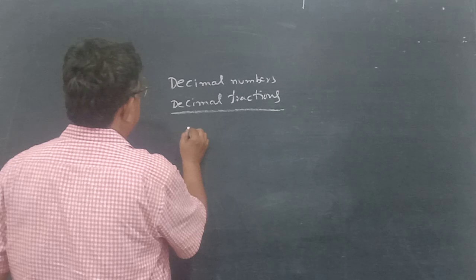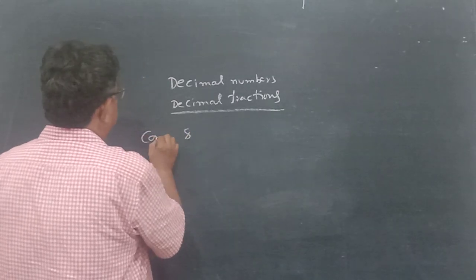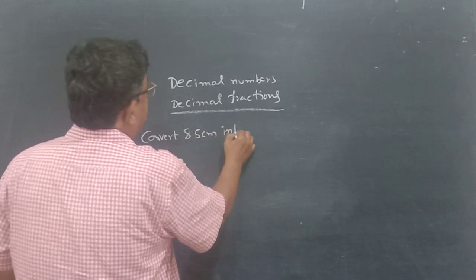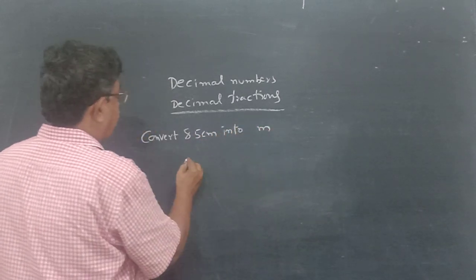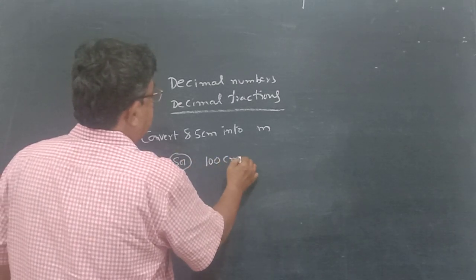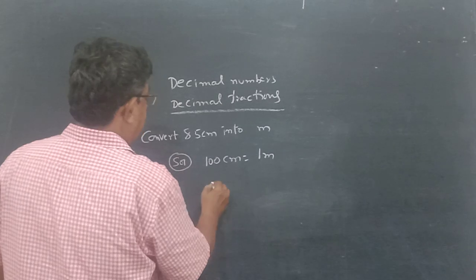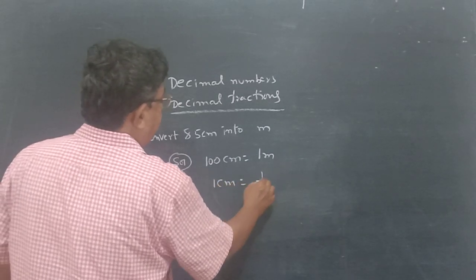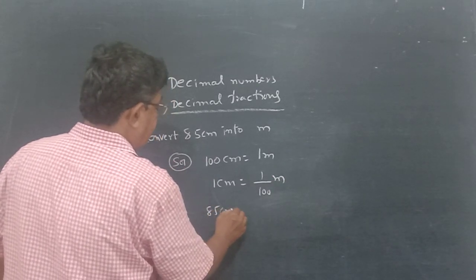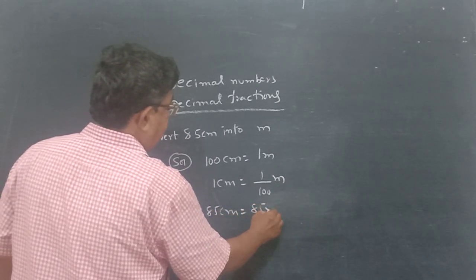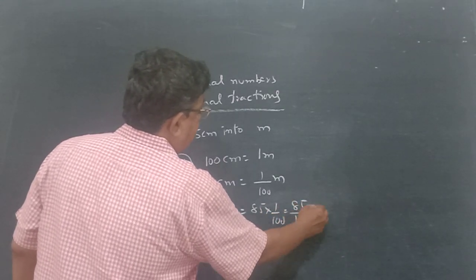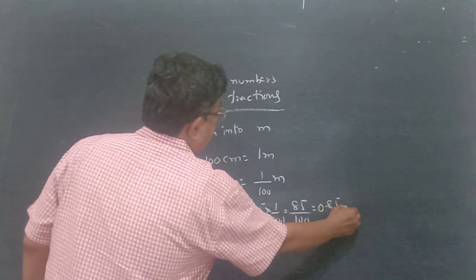Suppose you are given centimeters. Convert 85 centimeters into meters. Solution: 100 centimeters equal to 1 meter. 1 centimeter equal to 1 by 100th of a meter. 85 centimeters is equal to 85 into 1 by 100 is equal to 85 by 100 is equal to 0.85 meters.